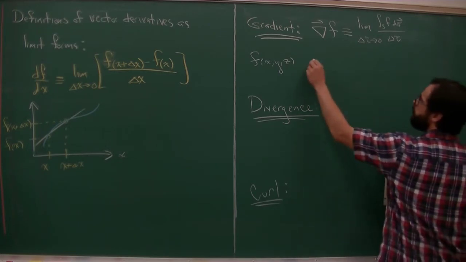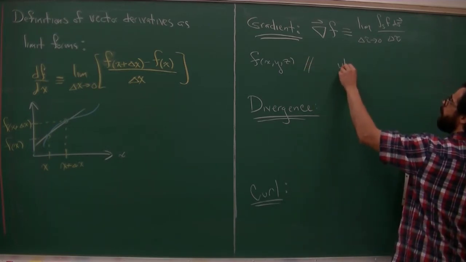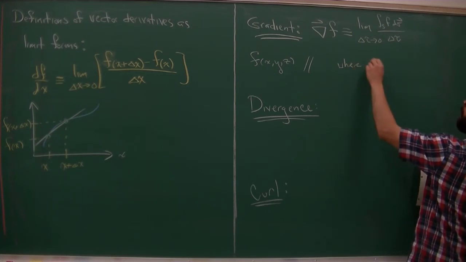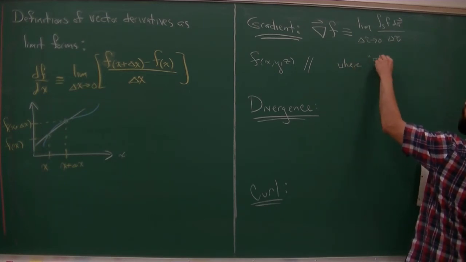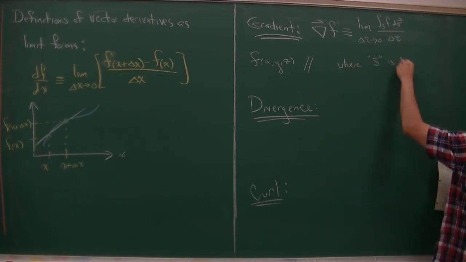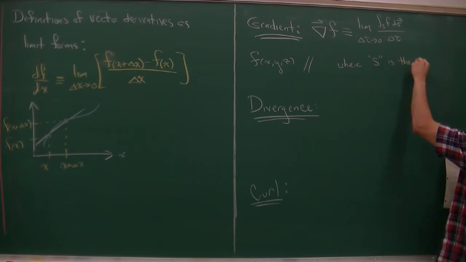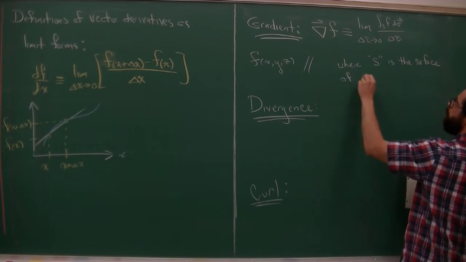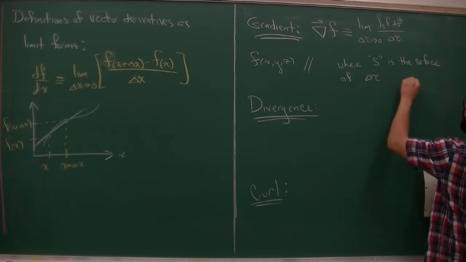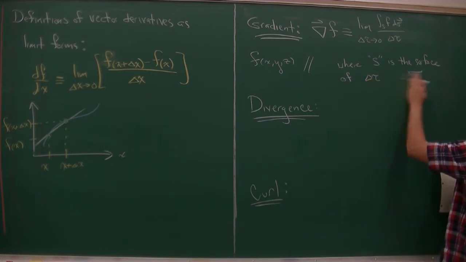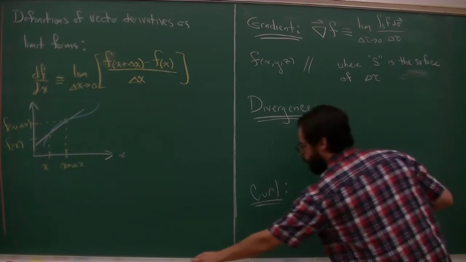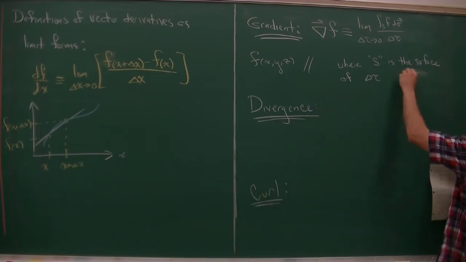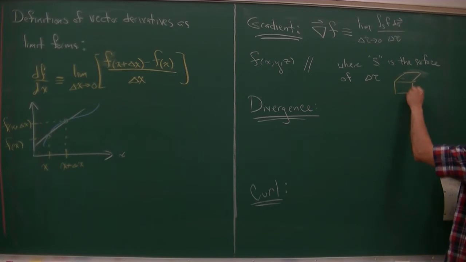This S is the surface of delta tau. So maybe at first we'll think about this as rectangular to make life a bit easy on us.